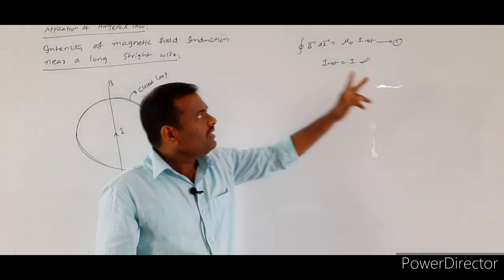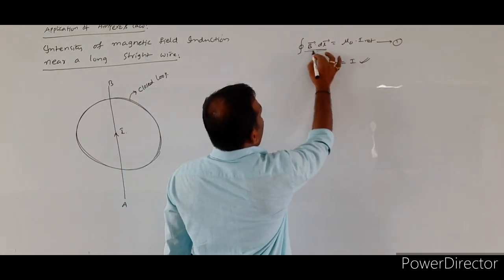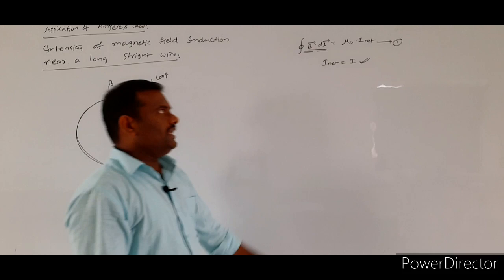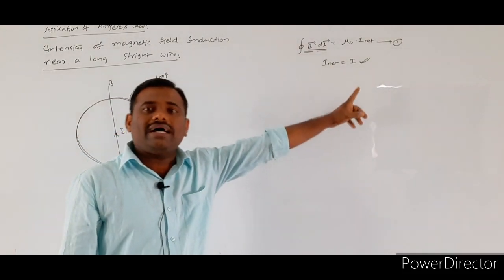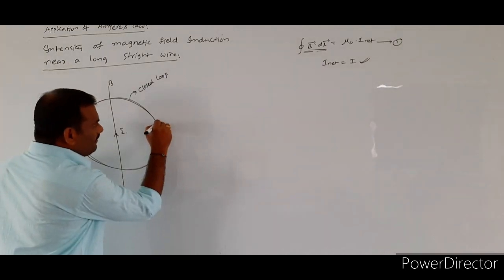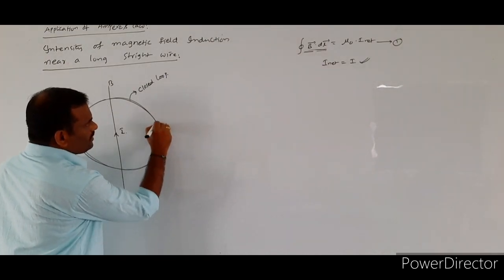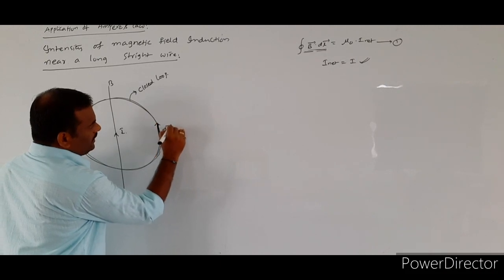Now, to apply Ampere's law, we need two values: one is B bar, and the other is dl bar. Whatever loop you consider, at a given point you consider a small element dl bar.